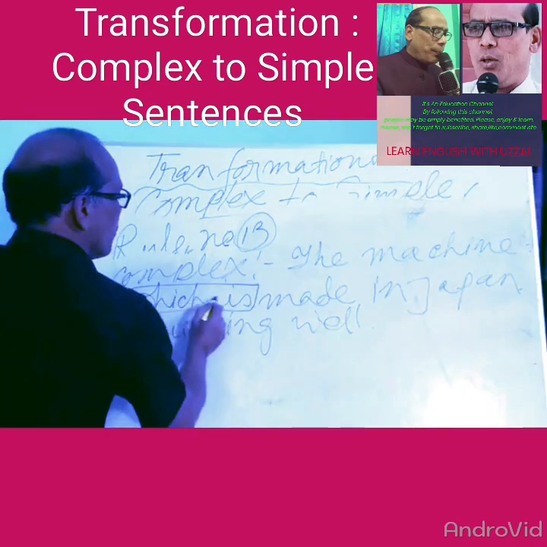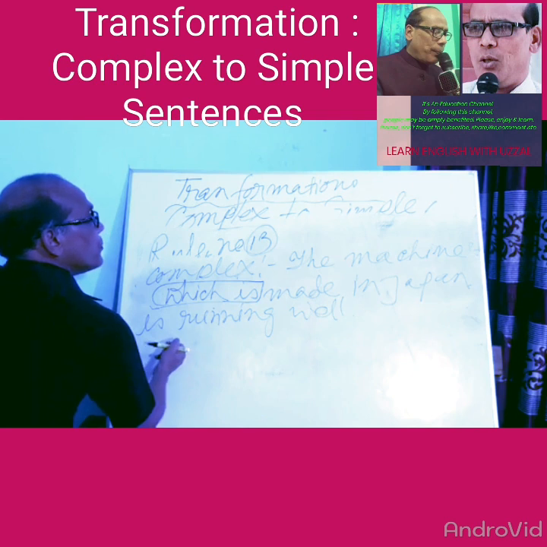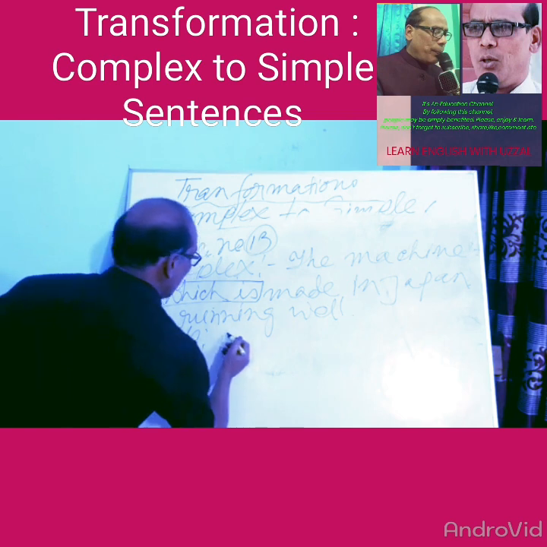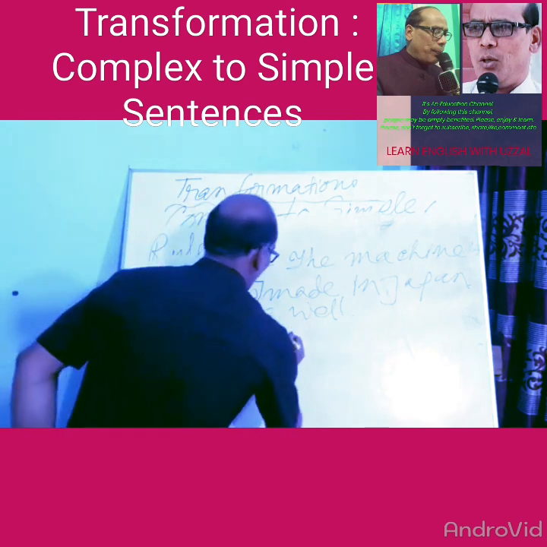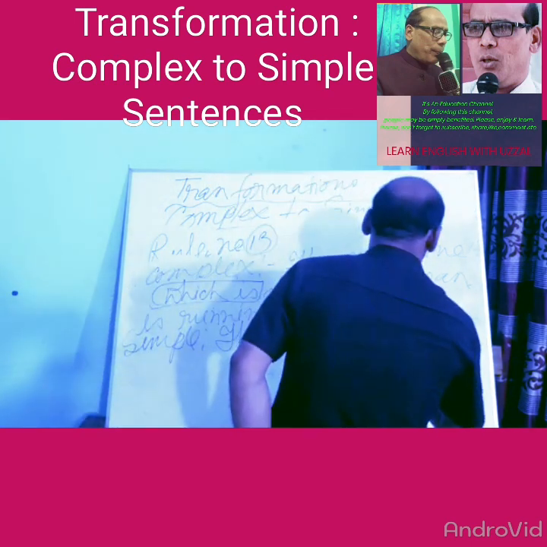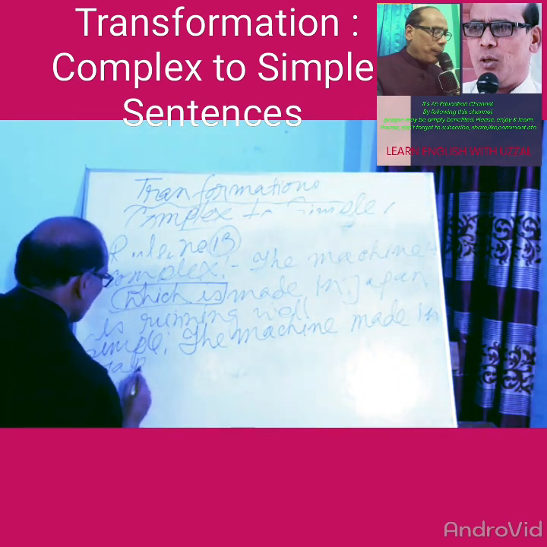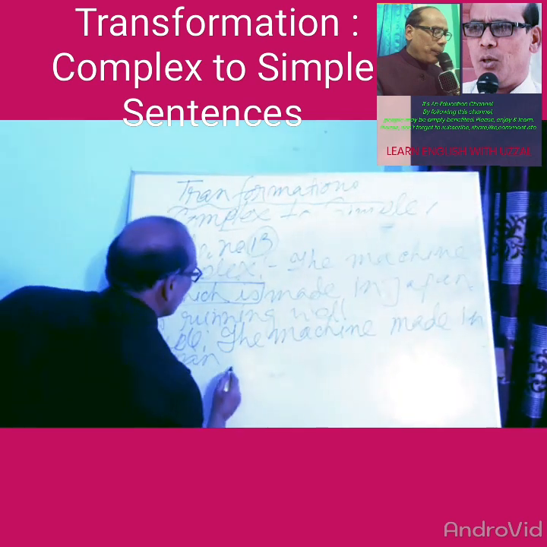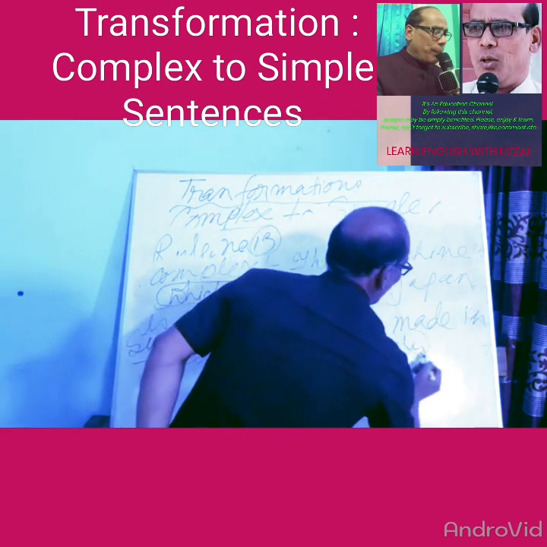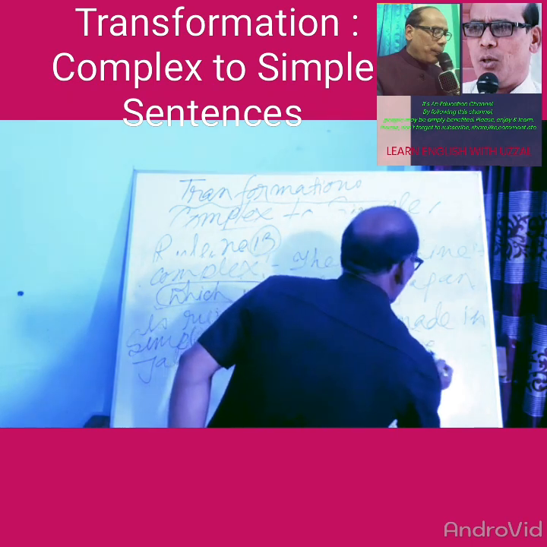You will omit only the relative pronoun and helping to be verb from here, and so the simple will be: the machine made in Japan, only made in Japan, it's a past participle phrase, is running well. Running well.